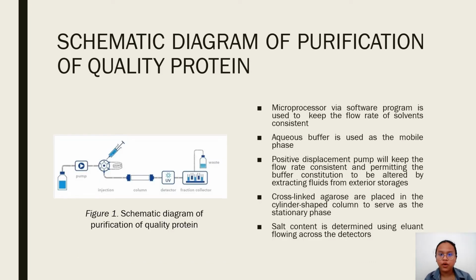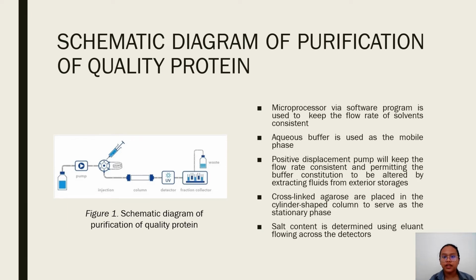To keep the flow rate of solvents consistent in FPLC, a microprocessor via a software program is used to control solvent speed. Aqueous buffer is used as mobile phase. A positive displacement pump provides a consistent flow rate, whilst permitting the buffer constituent to be altered by extracting fluids from exterior storage.